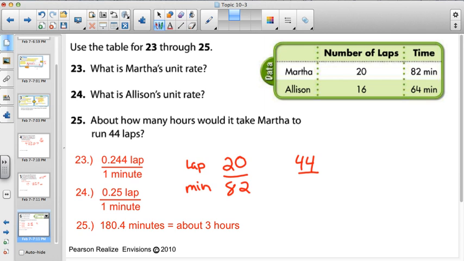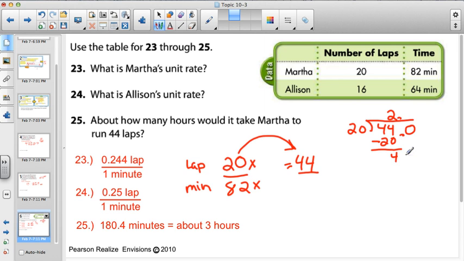So what we have to ask ourselves is, how can we go from 20 to 44? Well, we're going to have to multiply to take it up. So what do we multiply it by? The way we figure that out is we simply divide 44 by 20. And when we do that, we see it goes in there twice. That would be 40. Subtract, and you have a remainder of 4. Add a decimal point, and then put your decimal point up.